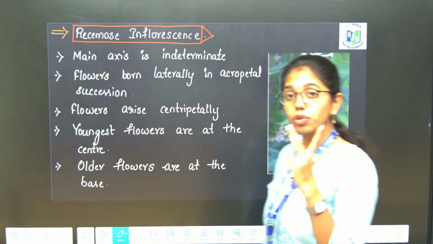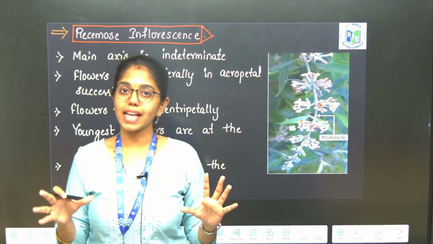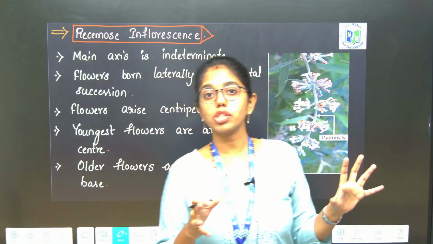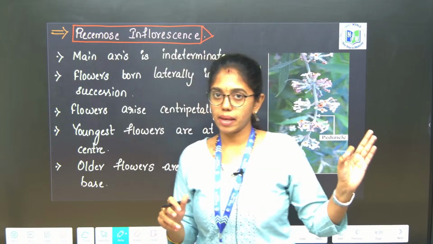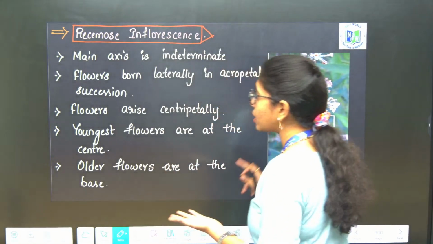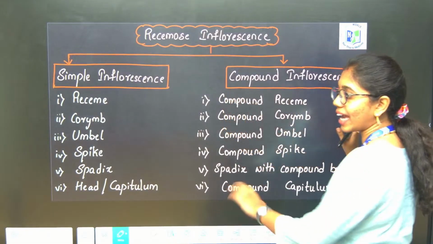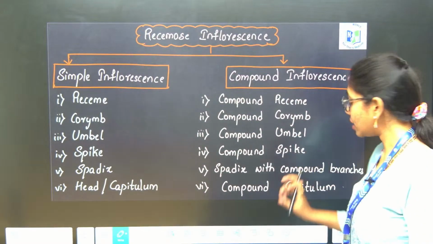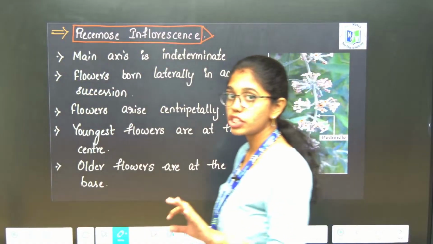As such, we have two major types of inflorescence: racemose inflorescence and cymose inflorescence. If you look into the general characteristics of racemose and cymose inflorescence and their differences, that is enough for your NEET exam. But racemose inflorescence has two further classifications, simple inflorescence and compound inflorescence, and cymose inflorescence also has further classifications including three special types of inflorescence.